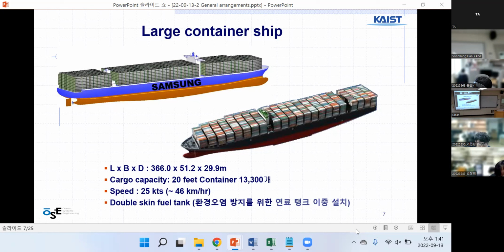By seeing the name of the tank, what can you expect from this? Double skin is like double protection. There are two layers of tank outside. Yes. Why? This is more expensive. Two layers, more resistant to what?